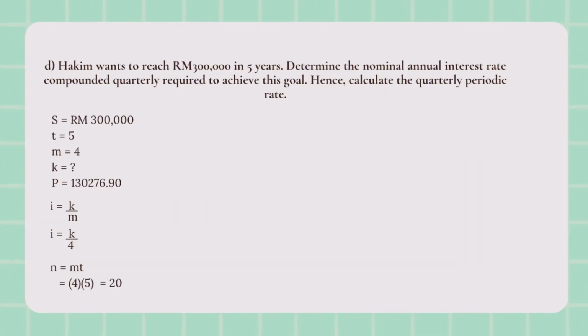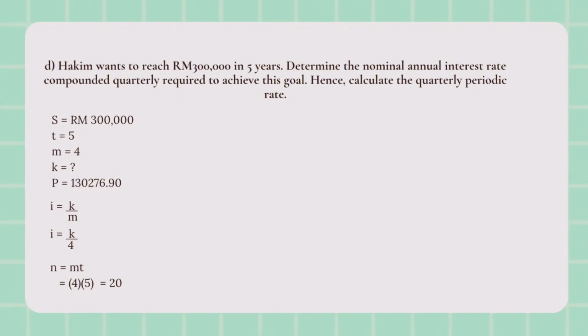First, the given values are: the future value is 300,000 ringgit, the present value is 130,276 ringgit 19 cent, the time is 5 years, and the compounding frequency is 4 times per year.